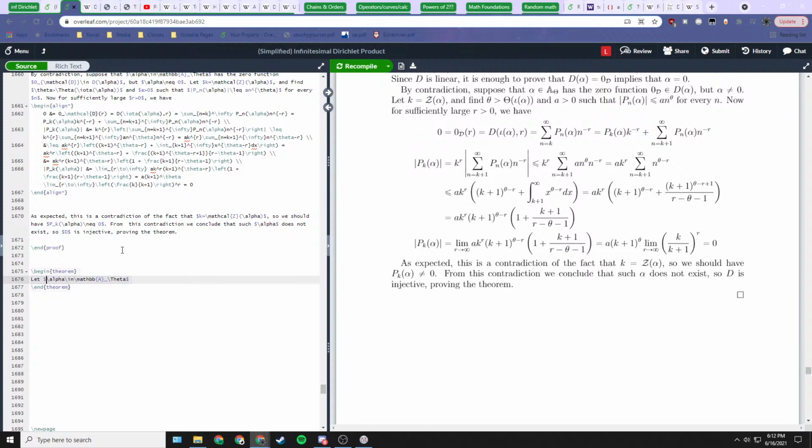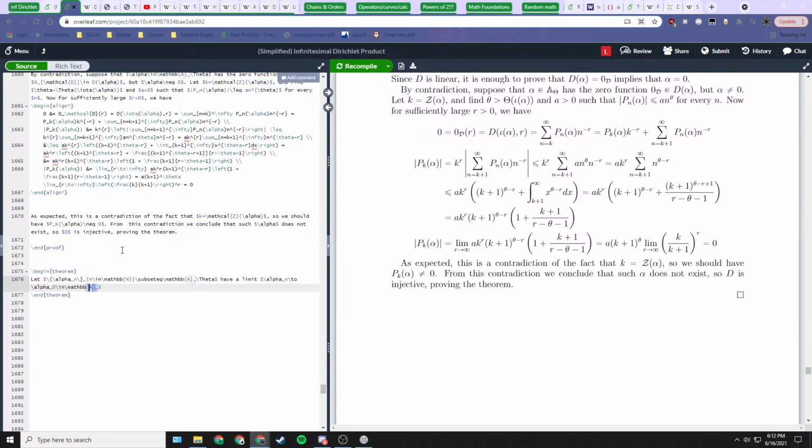So we'll say let alpha sub n, indexed by n a natural, be a subset of A sub theta and have a limit, alpha sub n goes to alpha 0, which is in A sub theta.